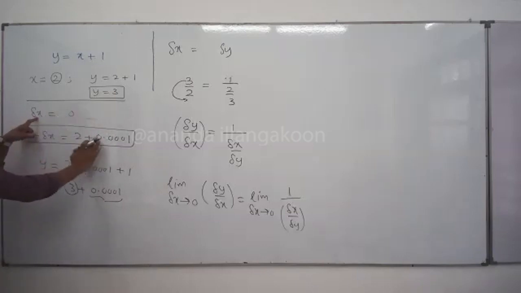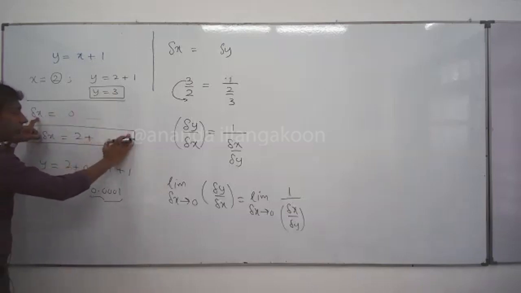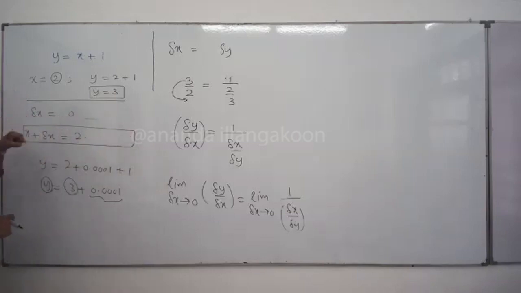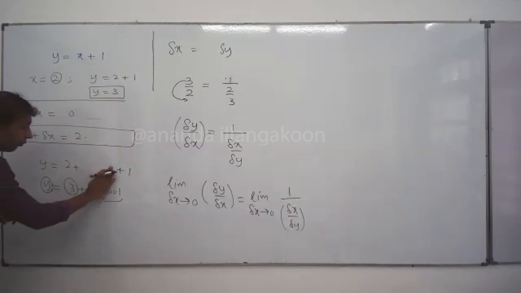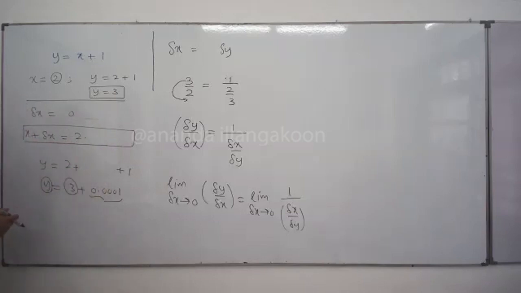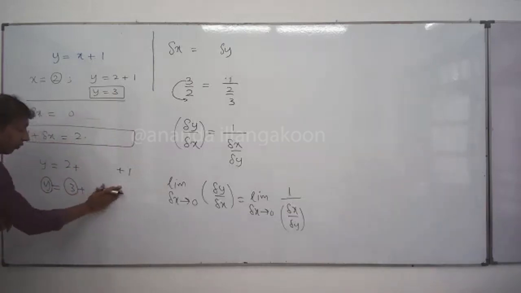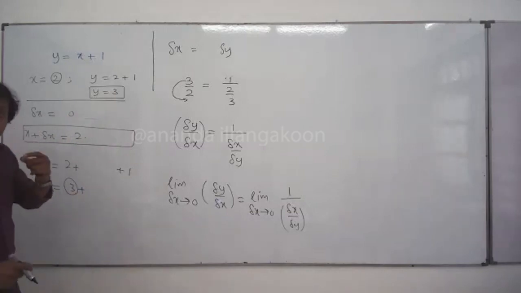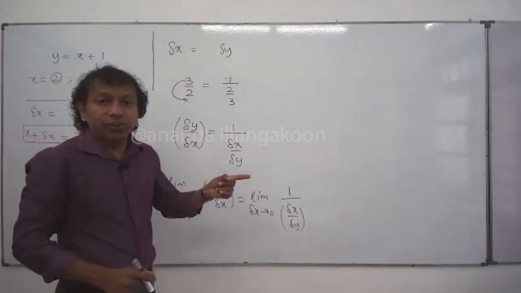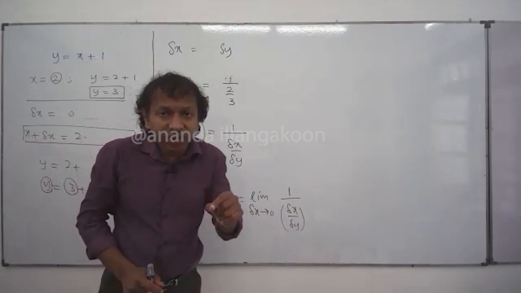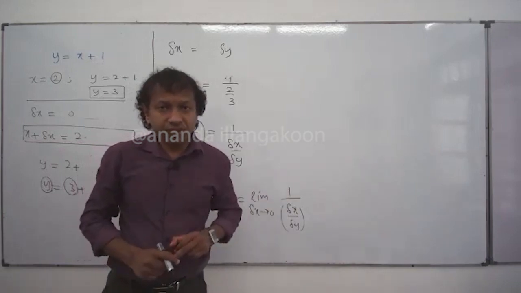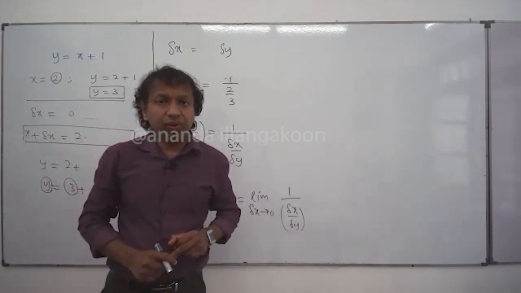If delta x is 0, we notice this is 0 now, people. Then x plus delta x is x. If delta x is 0, this is also 0. People, what can you say? If delta x is 0, obviously delta y is also going to 0. Understood? Delta y is also going to 0.